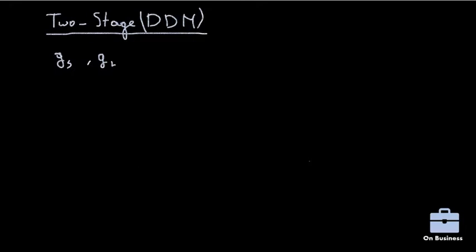And there are two versions for the two-stage model, the one that we're going to learn in this video, and the next one, which is called the H model, that we'll learn in the next video.